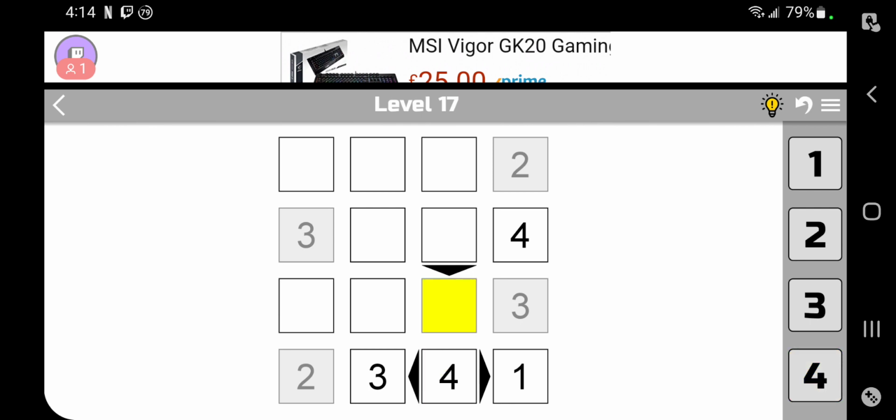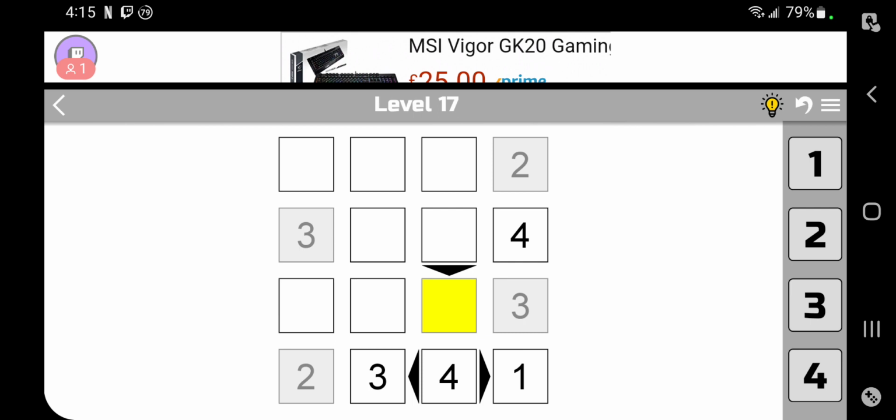Oh, no, actually. It could go there because the 3 can be greater than a 2 and a 1. Or the 3 could go there as well. What about the 2? The 2 can only go there or there. And the 1 can either go there or there. So there's not really enough restrictions immediately apparent to fill out that column.